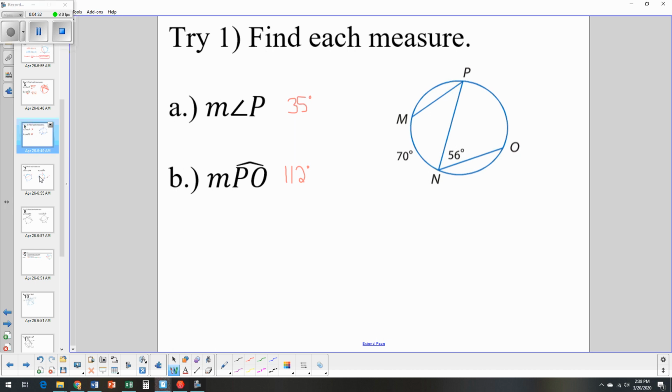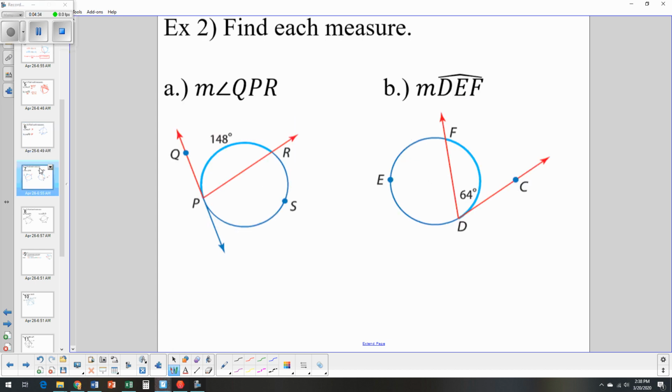Moving on. In our next problems, we're going to find each measure. We notice that we do have the angle on the circle in both of these. In the first one, we're looking for the measure of angle QPR. QPR is this angle right in here. So I can put a little variable there if I want, to make it easier to solve. Setting up arc equals 2 times angle, we do know the arc for that angle is 148 degrees.